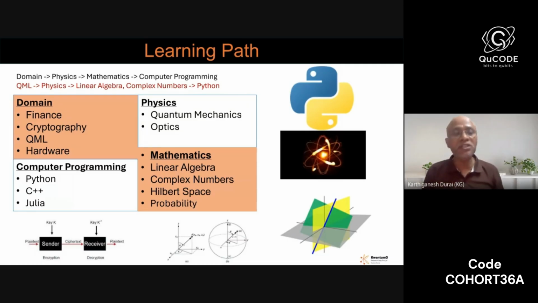Or you may be a civil engineer, you may want to perform structural analysis or risk analysis, all those things you can use quantum computing. Or you may be an economics researcher who wants to build Monte Carlo simulation. That is the important point.